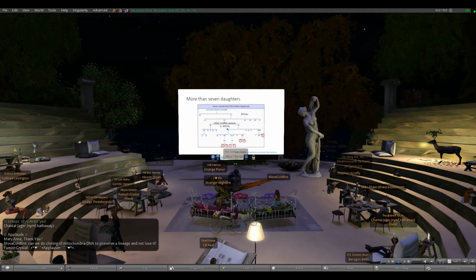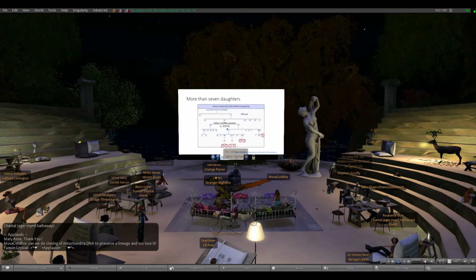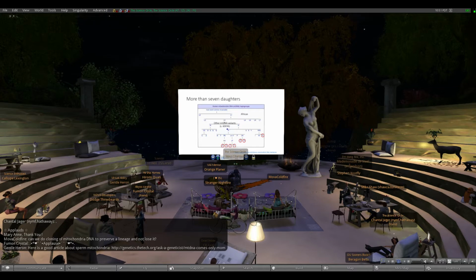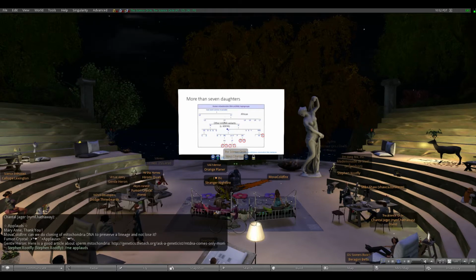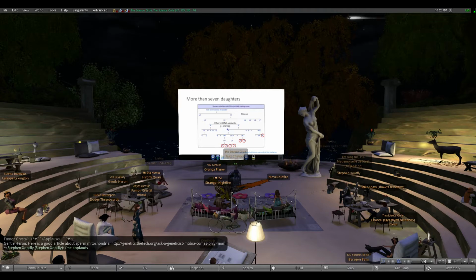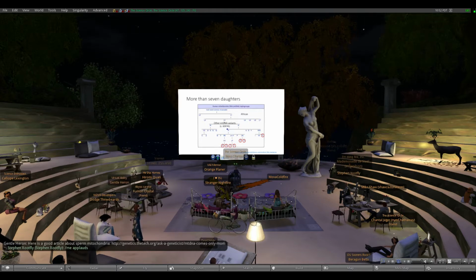Oh, a cloning of mitochondrial DNA to preserve a lineage. You probably know that there have been some mitochondrial transfers from people who have healthy mitochondria to people who don't, and they don't want to pass them on to their children.